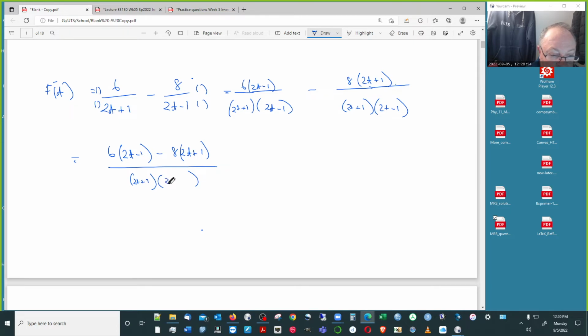I honestly don't like this level of algebra in this subject. I think this is just a waste of your time, to be honest, and I'll be shot for saying that. So 12t minus 6 minus 8, 16t, minus 8.